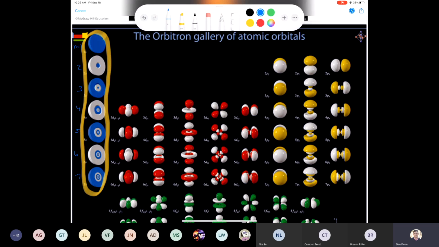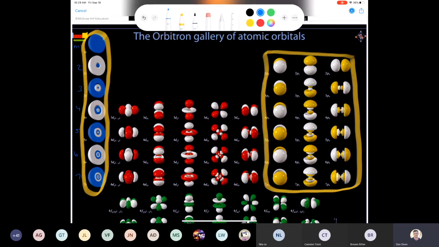But then over here we have all these p orbitals, and you can see that at the top all we have are dumbbells, but then here we have a dumbbell within a dumbbell. Here we have a dumbbell within a dumbbell within a dumbbell, or as Gage would call it, a peanut within a peanut within a peanut, so on and so forth. Okay, what else? Then you look over here, and we have the d orbitals, all shown here.